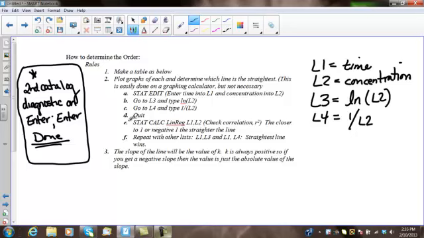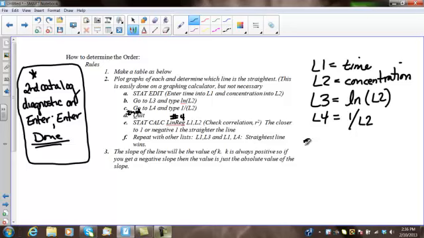Okay. Once we have our lists, we're going to quit. It's not just quit, I'm sorry, it's Second Quit. Then you're going to go to Stat, Calc, Linear Regression, which is option 4, and you're going to check the correlation R for each set of comparisons.